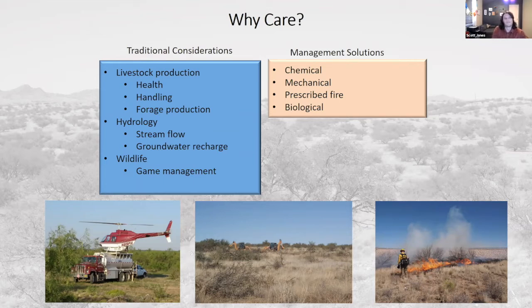These were all things that people were very concerned about at the turn of the century. And from there, starting about the 1930s, we implemented a suite of different management solutions that we call brush management. If you've ever been driving through Las Cienegas, no doubt you've seen giant piles of mesquite piled up.